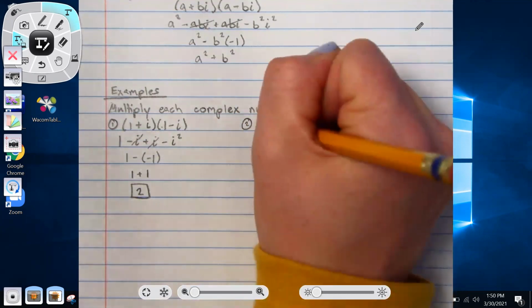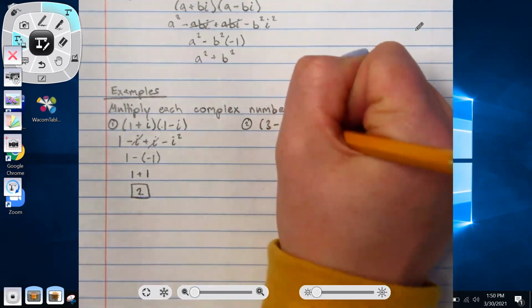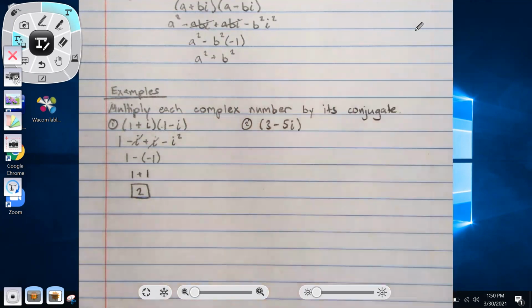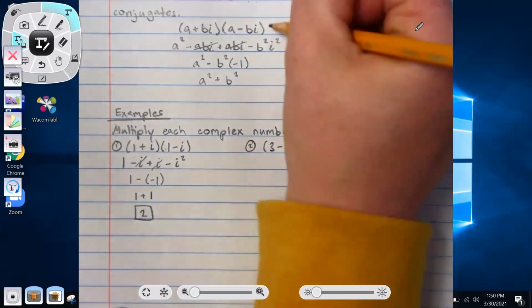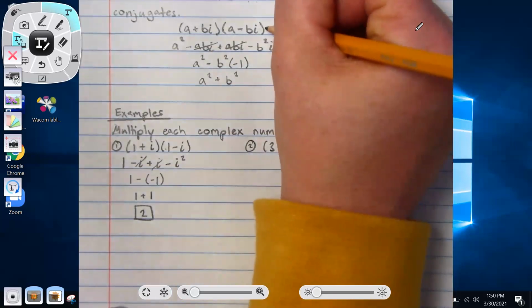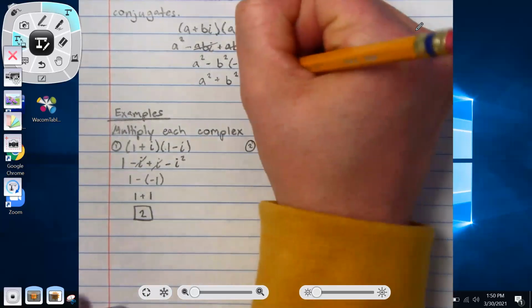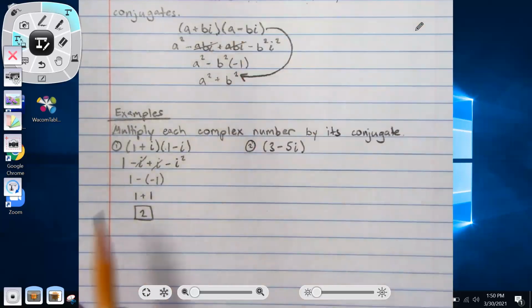Number 2, we've got 3 minus 5i. We're going to take a shortcut on this one. So the shortcut is from our first step to this last one that we wrote up here, a squared plus b squared.